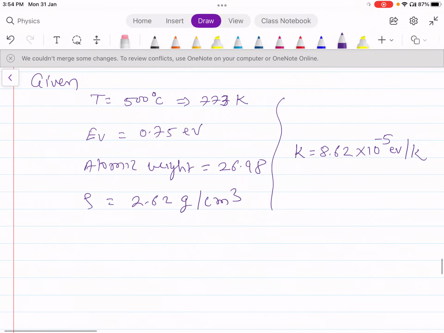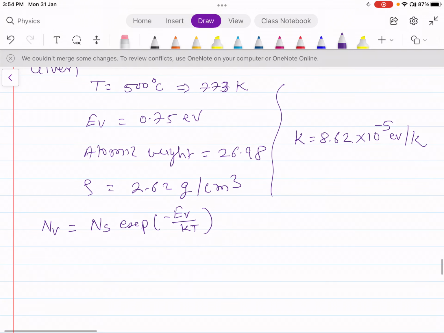The formula to solve this sum is Nv, the number of vacancies, equals Ns, the number of atomic sites available, into exponential of minus Ev by kT. So this is the formula.